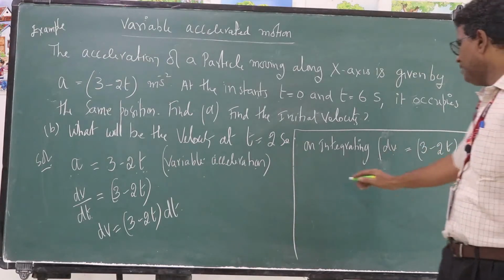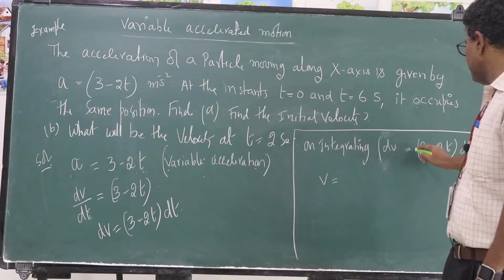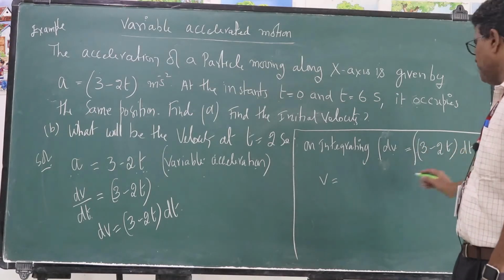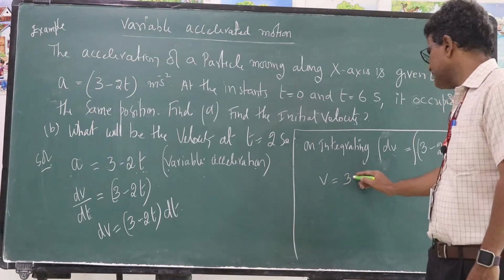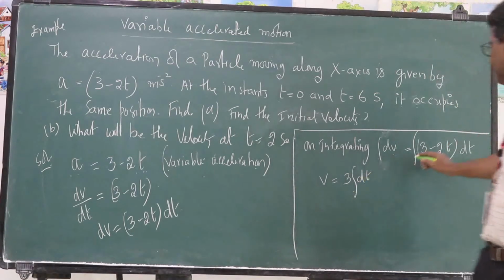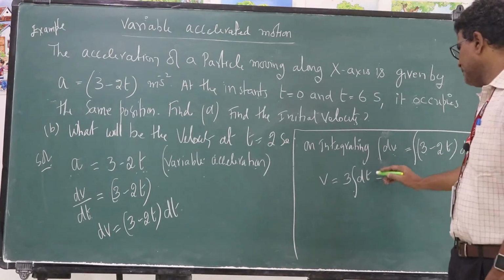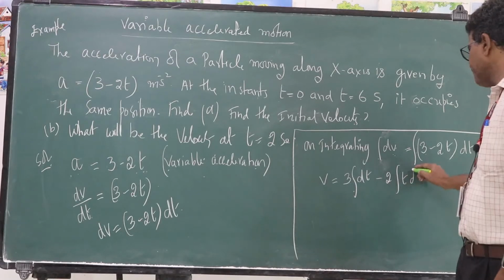Integral dv is v. First you write the function, then you apply the distributive property. Integral dv is v, and on the right, 3 integral dt, minus 2 into integral t dt.